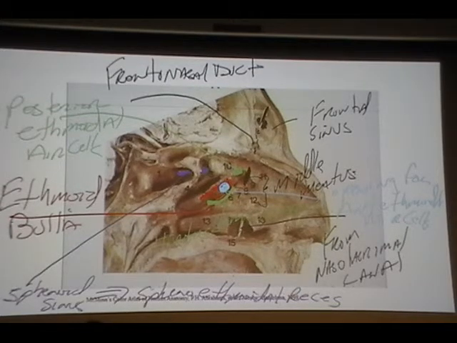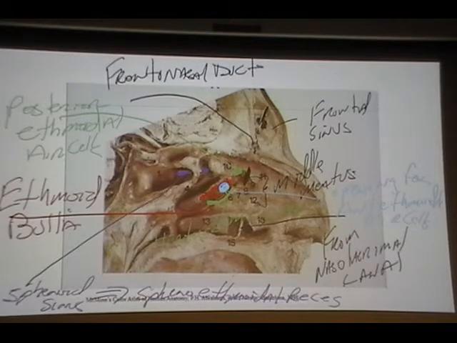Yes. Can you repeat that more slowly? No, thank you. Okay. Start with the middle. Okay, what goes in the middle? Inferior meatus. What drains in the inferior meatus? Nasolacrimal duct. Okay. What goes into the middle meatus?